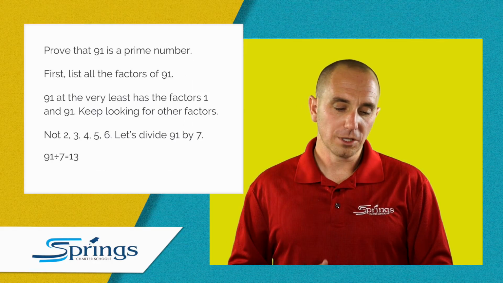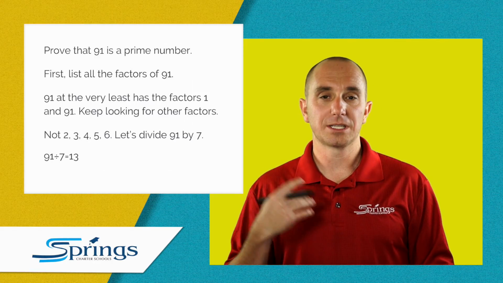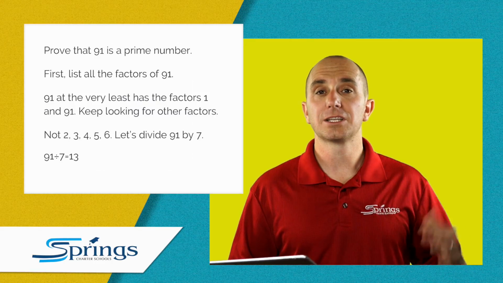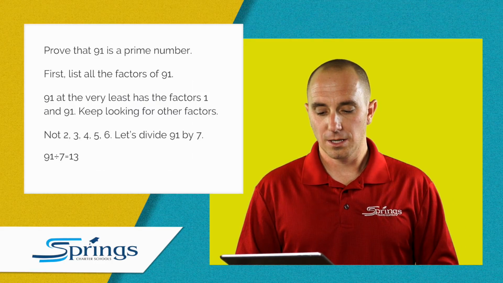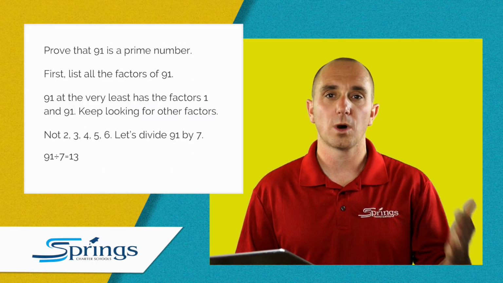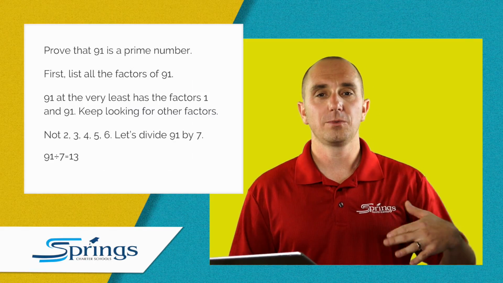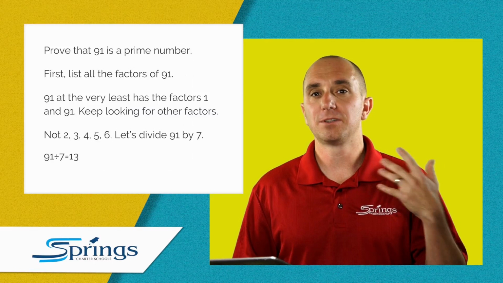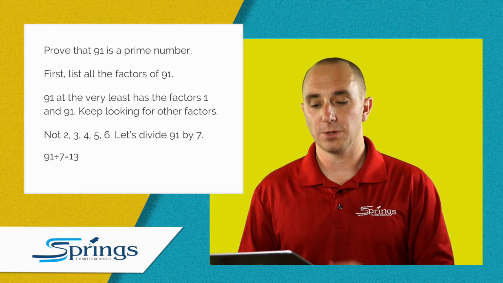All right, so if we're looking at a question that says, prove that 91 is a prime number, first we have to list all the factors of 91. So 91 at the very least is going to have 1 and 91, because every number has 1 and itself that go into it. Then we just keep dividing numbers into it to find out what goes into it evenly.